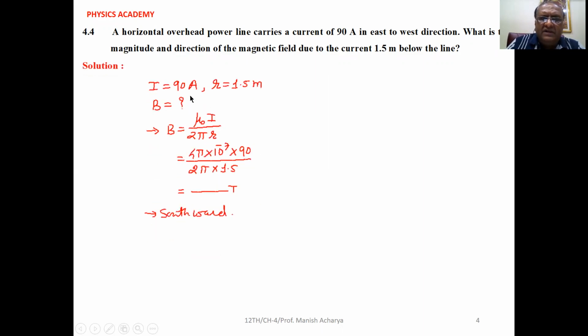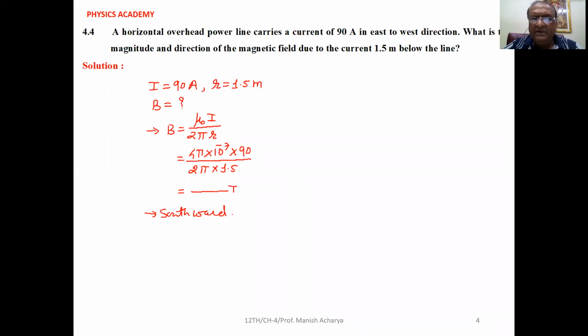So current, that is 90 ampere, the point is at 1.5 meter, and we want to find the field at that point. So B, that is mu 0 I upon 2 pi r. Mu 0, that is 4 pi into 10 raised to minus 7. I, that is 90. 2 pi r, that is 1.5. Solve this one, you will get the answer.